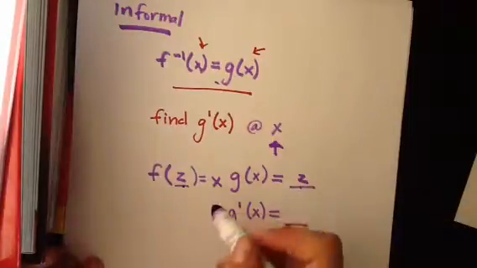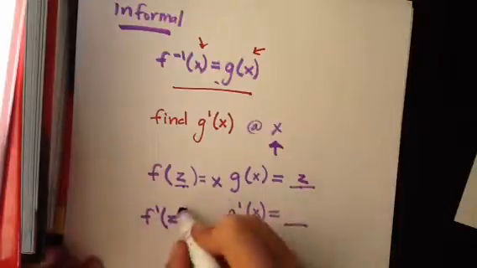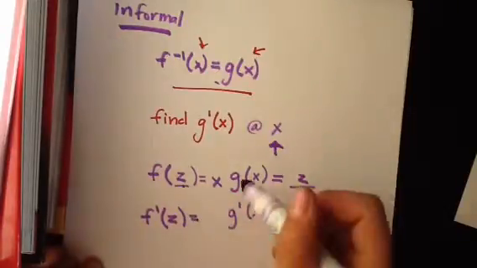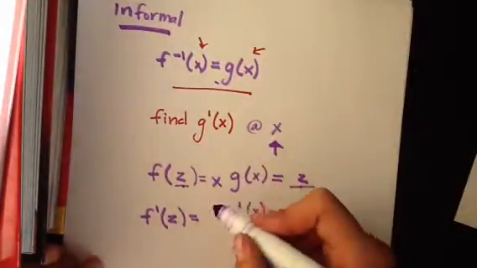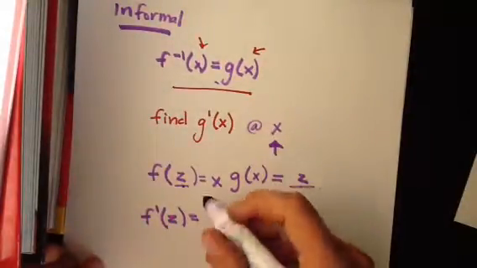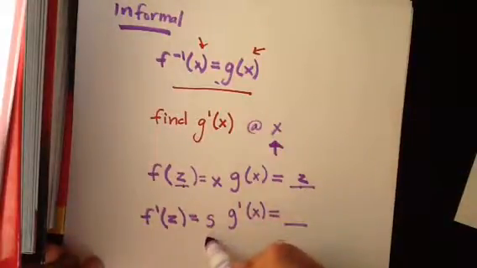Now, if we go back to the original f of x, we can find what z makes f of z equal to x, if that makes sense. So we're going to find that z value, and then find f prime of z.